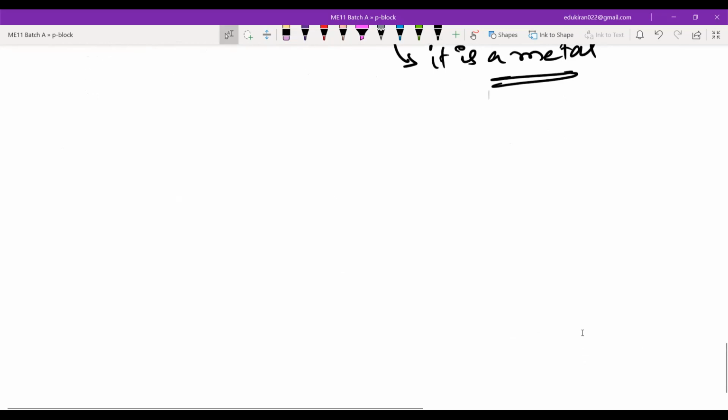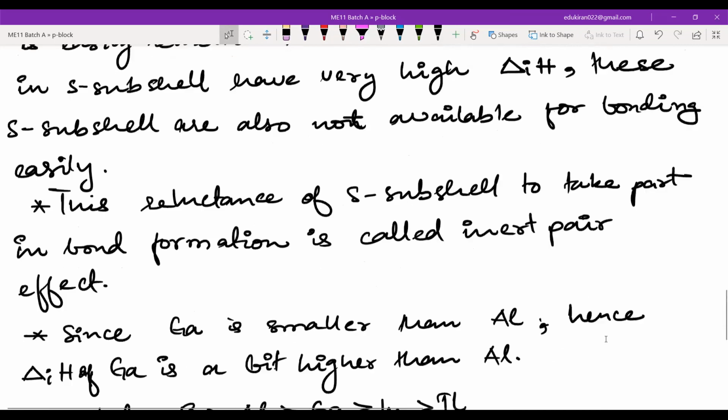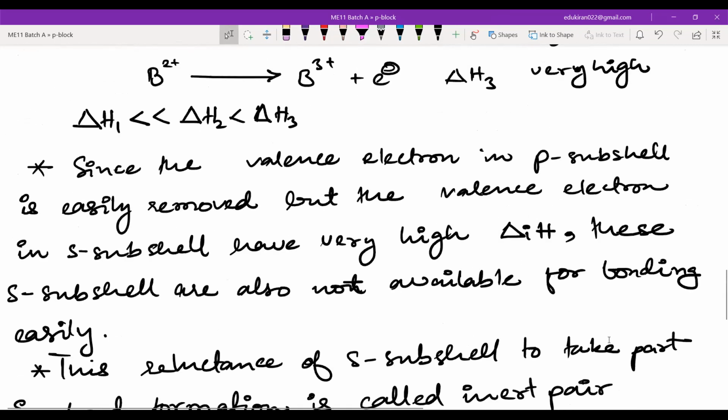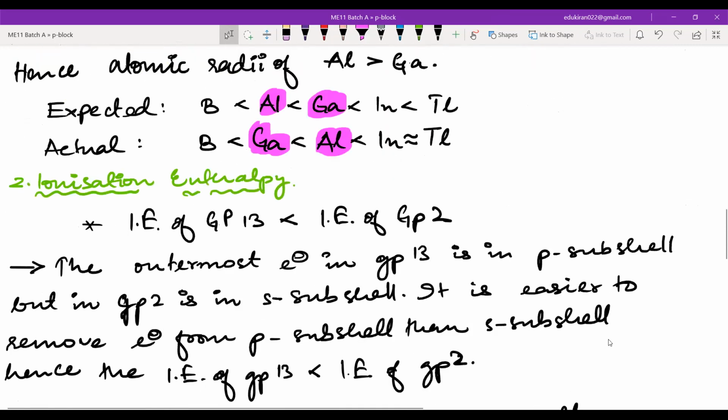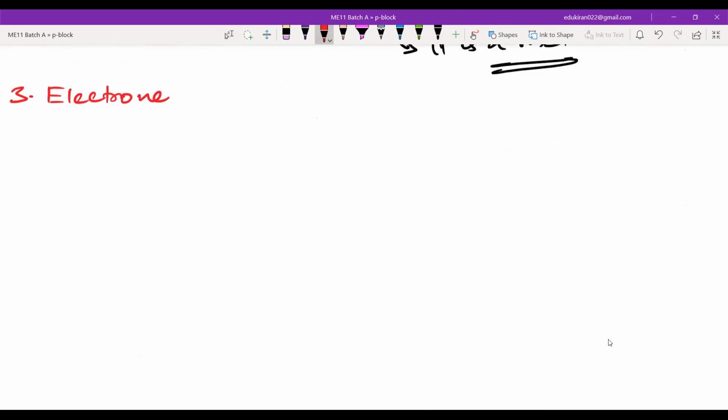Right, next, electronegativity. This was the second point. The third point is electronegativity.